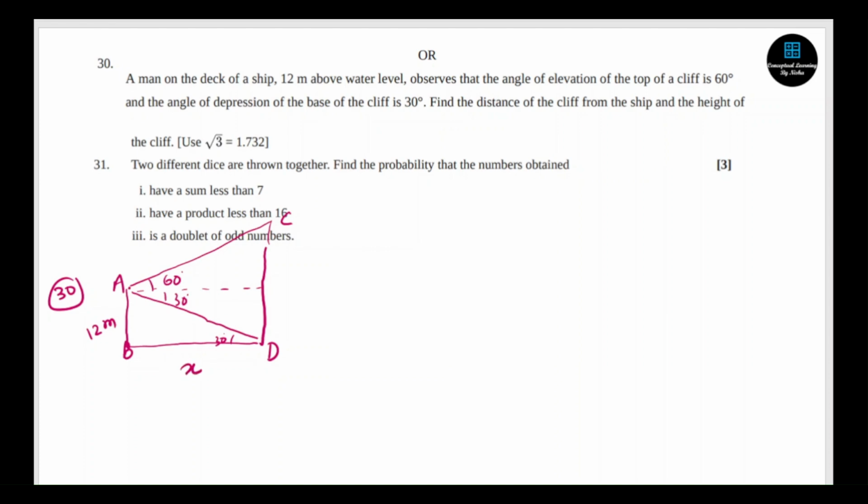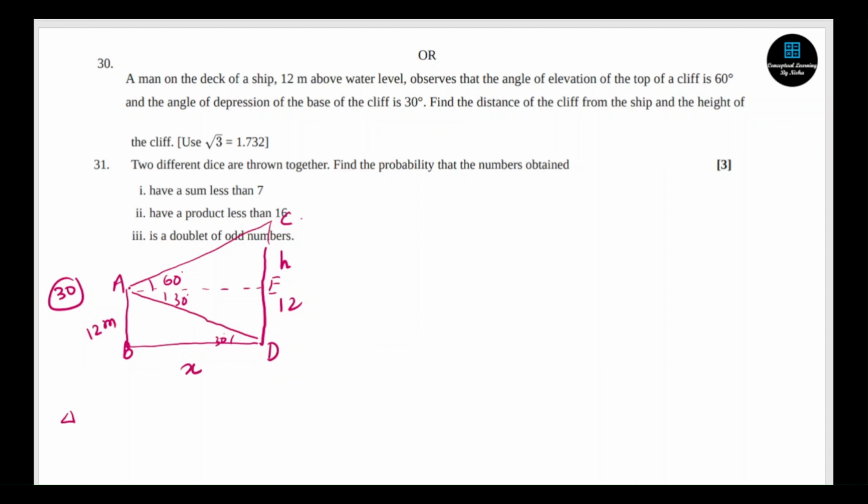All right, so let's say this is X. Now this is 12, and if I take this as H, let's take this point as E. So we have to find CD and BD. Write everything that is given and what to find. Now take two different triangles.